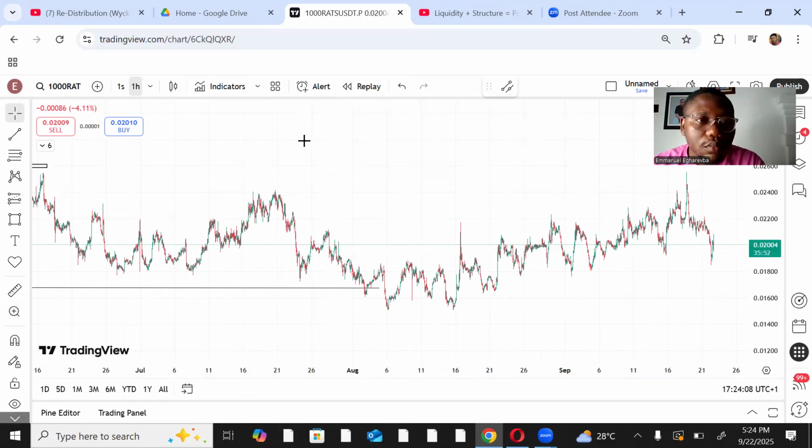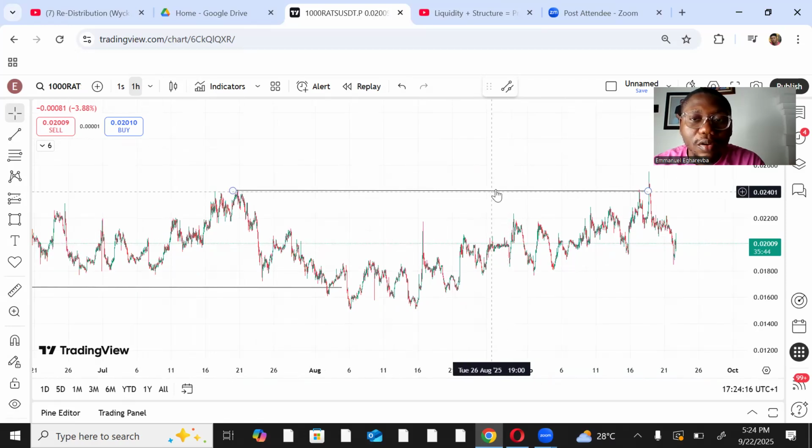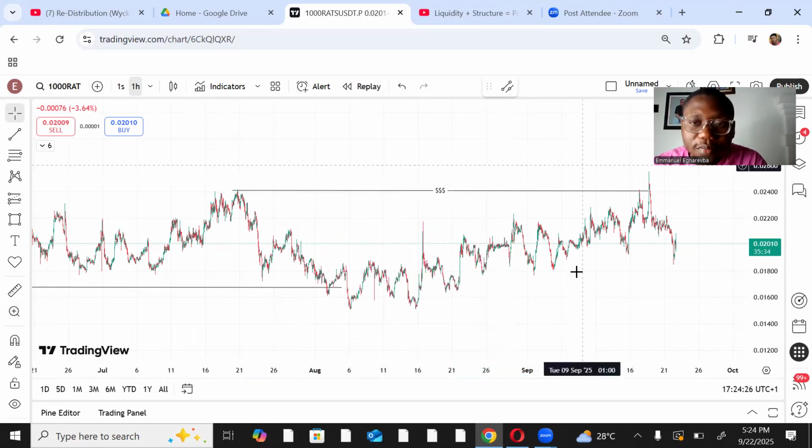So we have one here. We have a break of structure here, or what we call a liquidity sweep. A liquidity sweep here, a liquidity grab, whatever you want to call it.